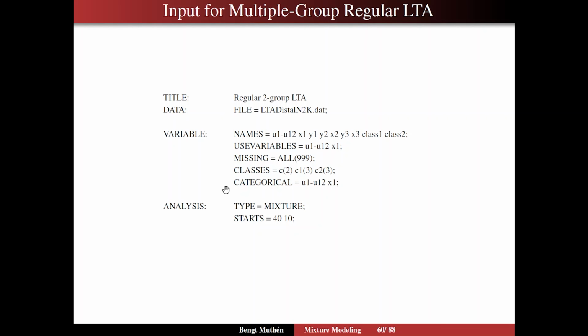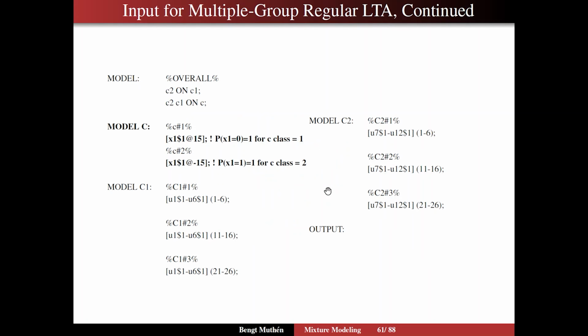We have to then specify x1 as categorical in addition to the latent class indicators, because it's going to be yet another perfect indicator. Slide 61 then, and we have the overall model. Since it's regular LTA, we have C2 on C1, and we also regress both C2 and C1 on C. So they can be different as a function of the group.